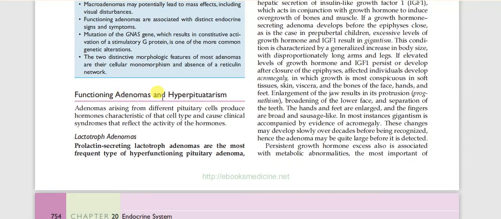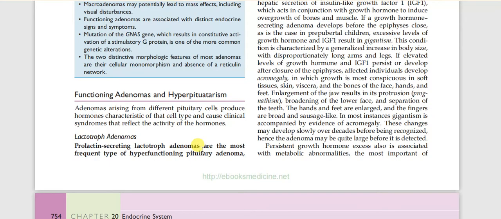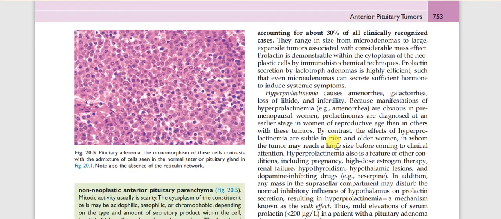So let's talk about functional adenomas and hyperpituitarism, the different types. Lactotroph adenomas are prolactin-secreting adenomas, which we notice usually by increased level of prolactin. What is the role of prolactin? You might remember, prolactin is responsible for milk secretion in females.